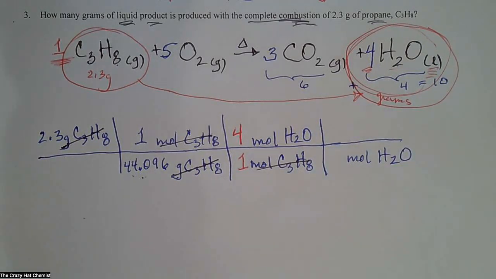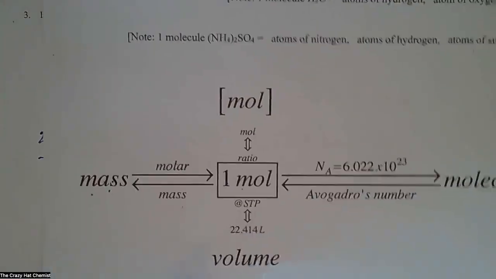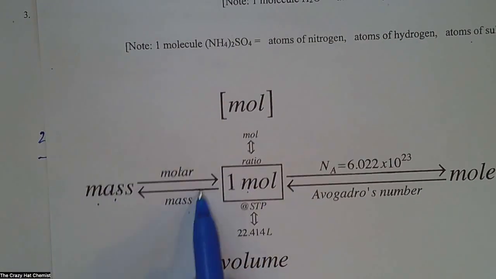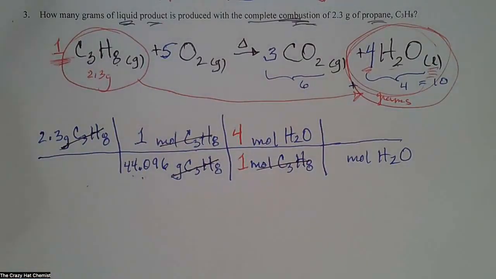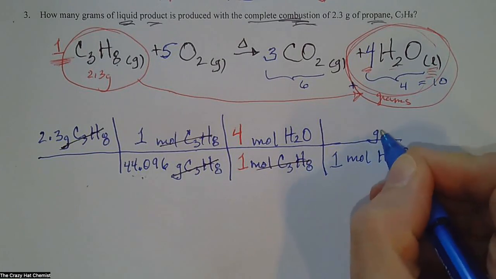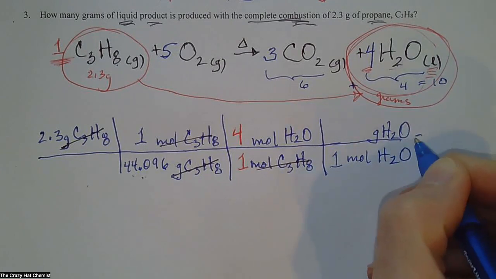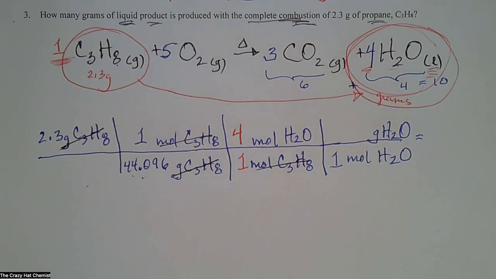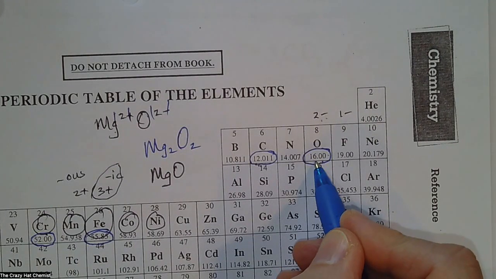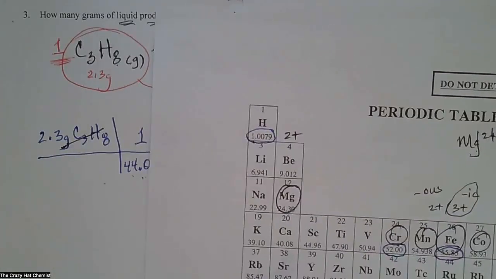Okay, and then I am going to go from moles to mass, and I'm going to be using the molar mass. So I am going to say 1 mole is equal to the molar mass in grams of water. We're going to look on a periodic table. We're going to find oxygen, that's 16.00, multiply that by 1.